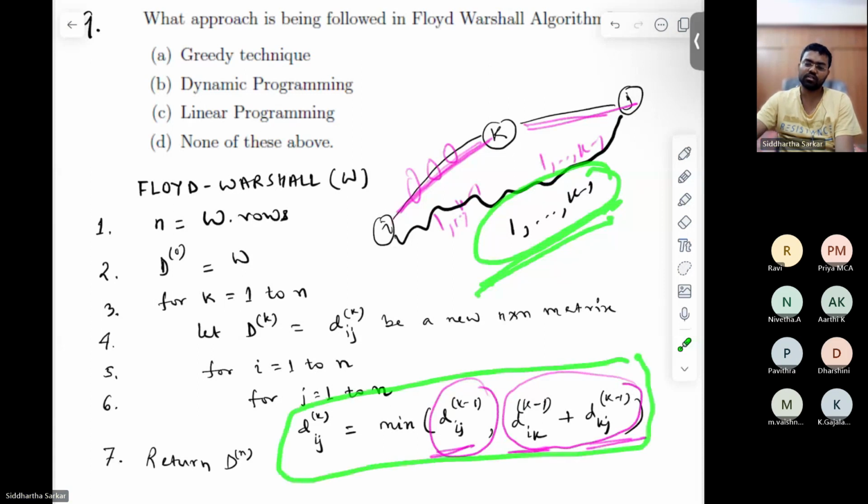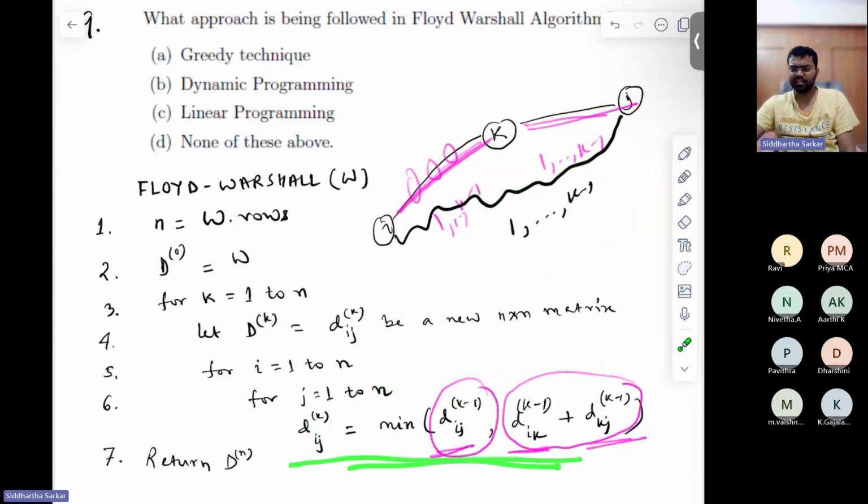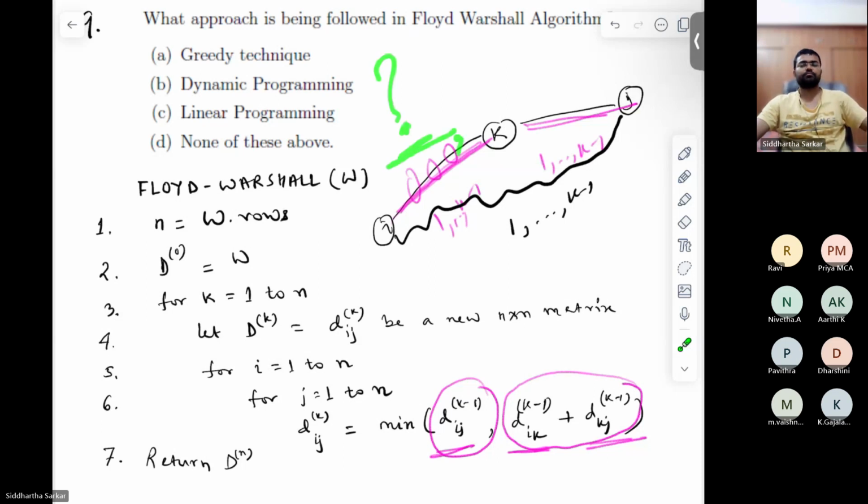What is the distance from i to j if you use vertices from 1 to k? Basically, it is a recurrence where you find something with respect to the subproblems. Then what kind of algorithm is this? Standard DP, correct.